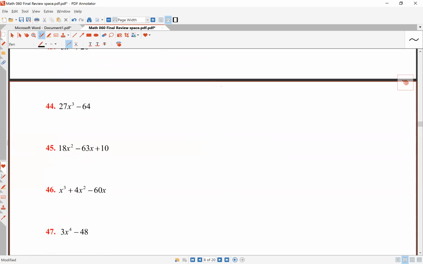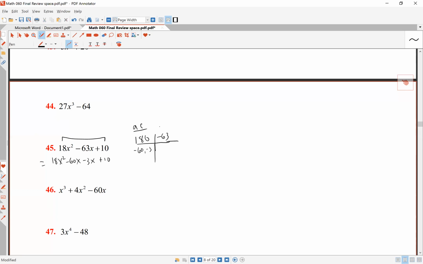When you do something like number 45, though, with an 18 in front, we play the same game with 18 times negative 10, which is negative 180, to get negative 63. And so negative 60 and negative 3 are those numbers. But this time you have to put them back in as 18x squared minus 60x minus 3x plus 10. So remember, this is what we call the AC method.